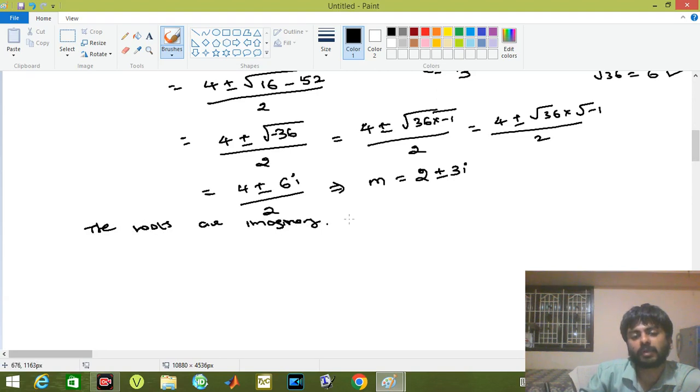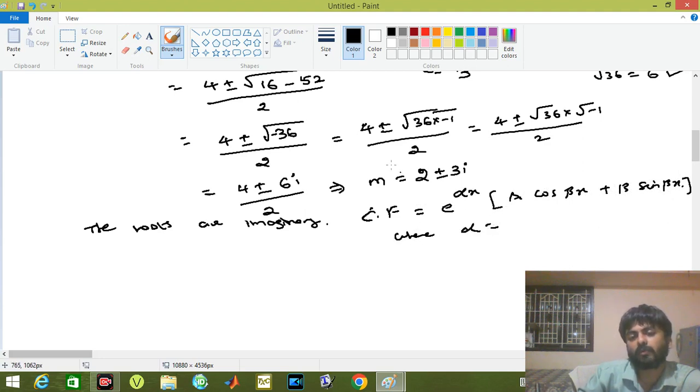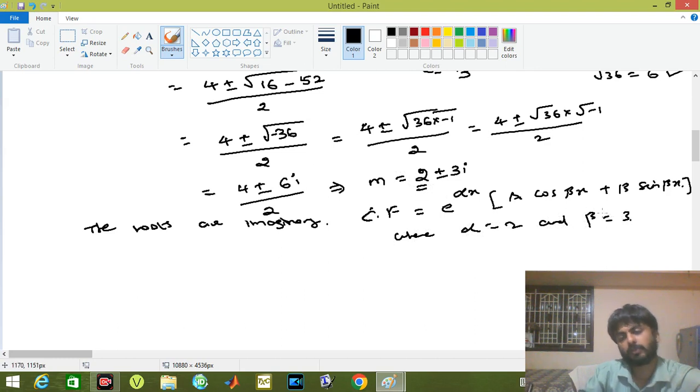So the complementary function will be, what is our complementary function? e power alpha x into a cos beta x plus b sin beta x, where alpha equal to this 2 and beta equal to 3. Alpha equal to 2 and beta equal to 3.